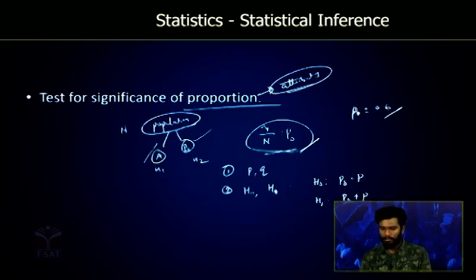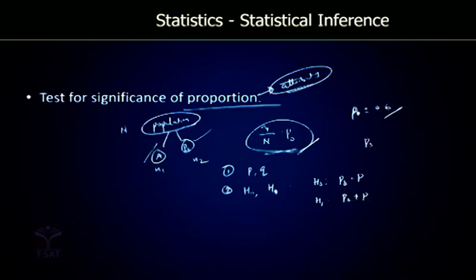Now what is the proportion p0? It is the proportion of the people who are reading newspaper A. Now what is the proportion of the people who are not reading newspaper A? It is 1 minus n1 by n. Now the Z statistic is given by p, the given proportion, minus p0, the calculated proportion from the data, divided by under root p0 into q0 divided by n.